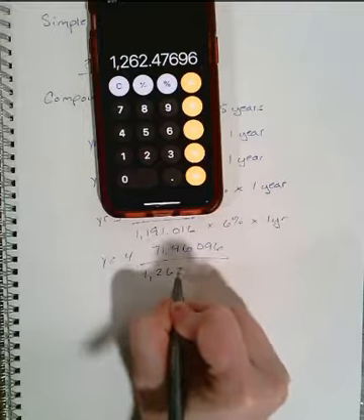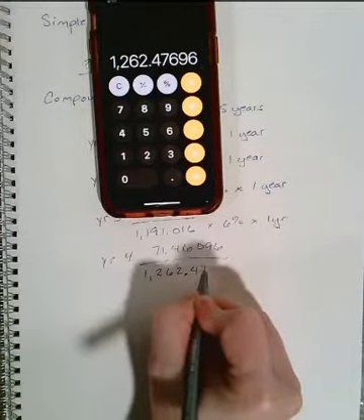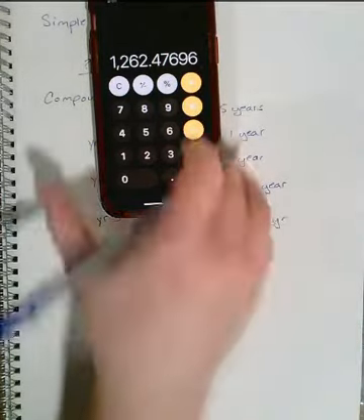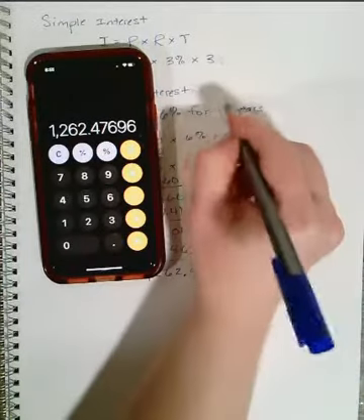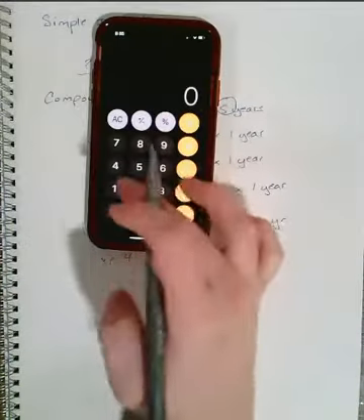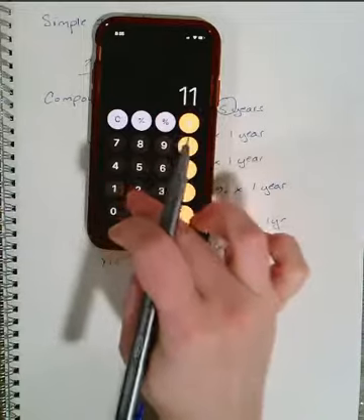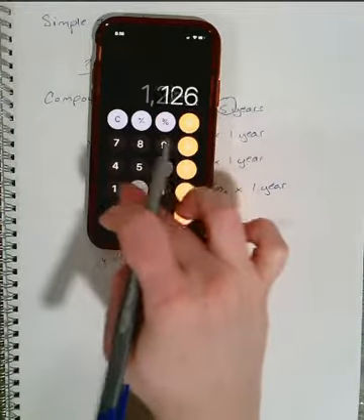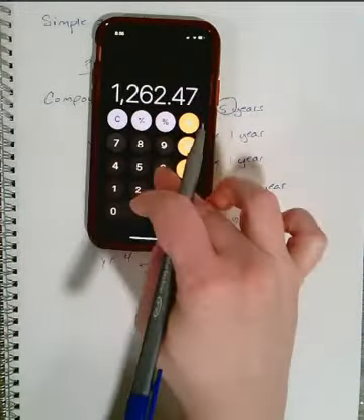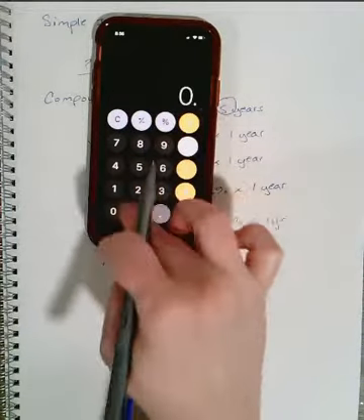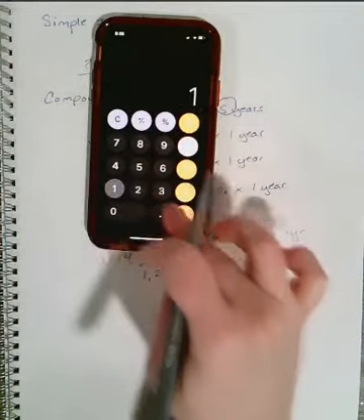Let's start to get really big. This is why we round. 1,262.47696. And then we're going for 5 years. Okay, oh shoot, I shouldn't have erased that. 1,262.47696 times 0.06 times just 1 year.